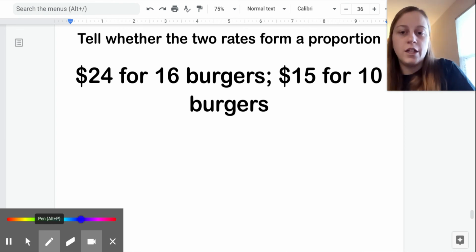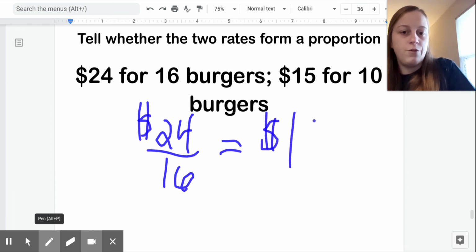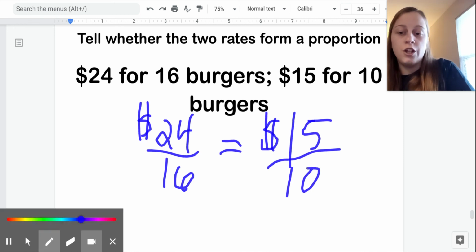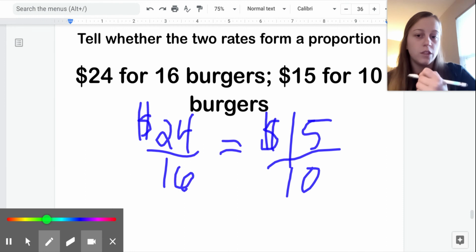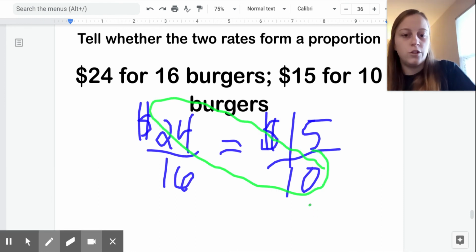So what we're going to do here is say $24 for 16 burgers. Is that equal to $15 for 10 burgers? Well, we can use those cross products we just learned about. We can say 24 times 10 is 240.